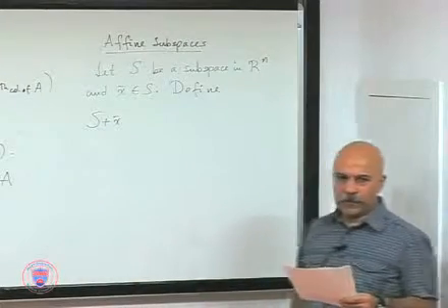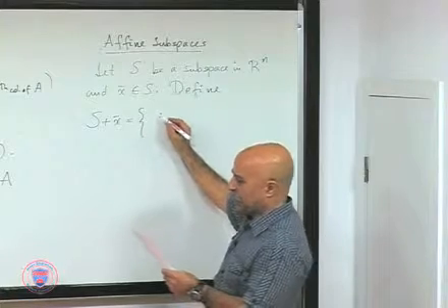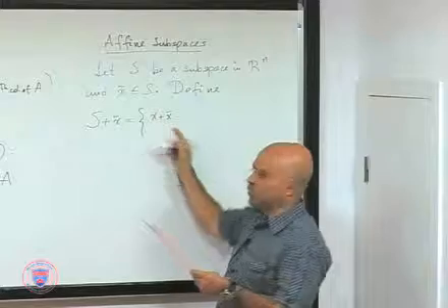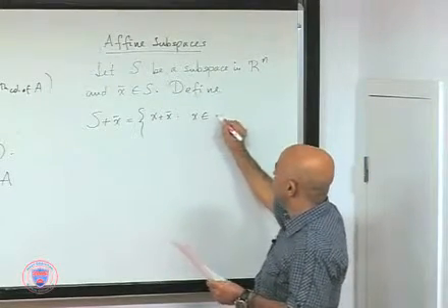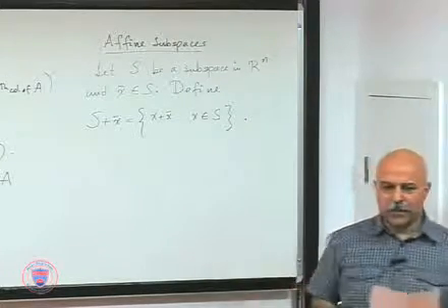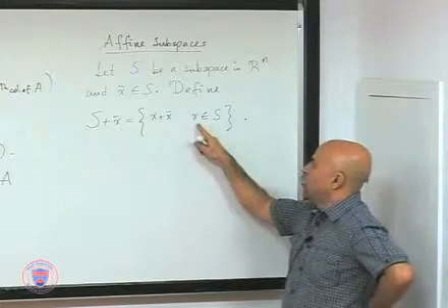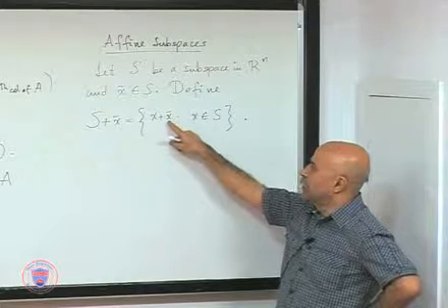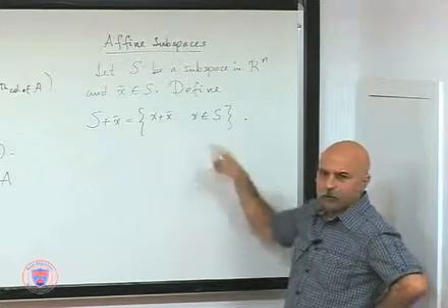It consists of all points of the form x plus x bar, where x comes from the subspace S. So you pick any point in the subspace, you add to it the fixed point x bar. And that's the new set.